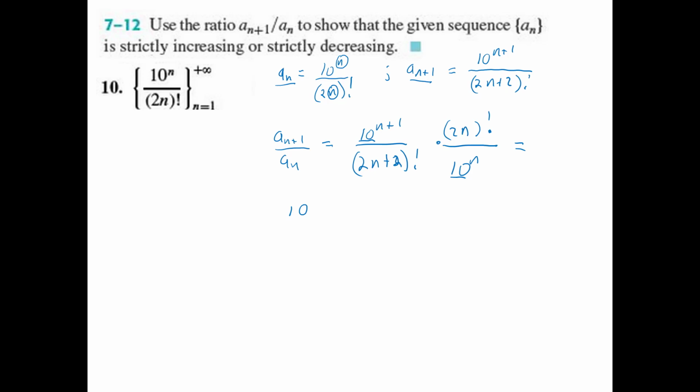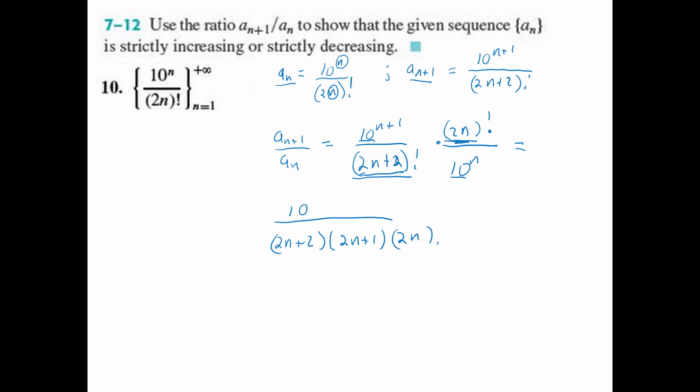To clean up the factorials, the bigger factorial is on the bottom. So we break off factors until we get to the smaller factorial. For 2n plus 2 factorial, your first factor is 2n plus 2. Your next factor is 1 less than that, so 2n plus 1. Your next factor is 2n, but that matches the 2n factorial that we have.